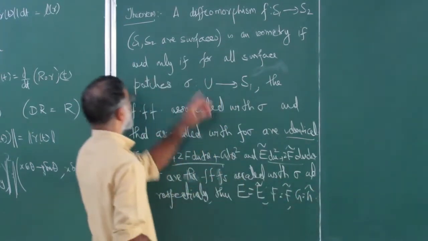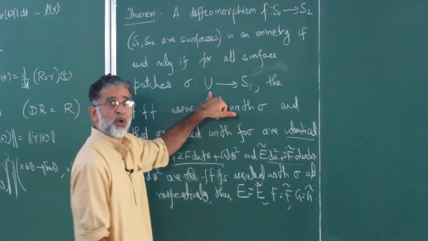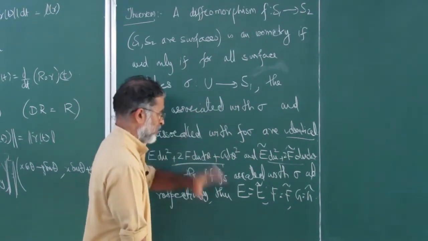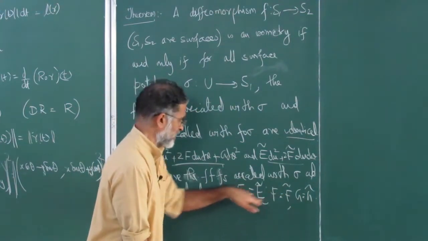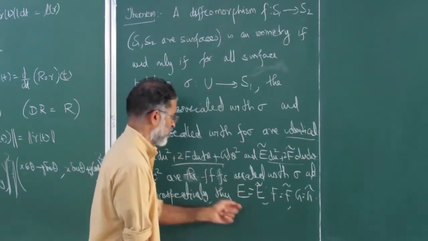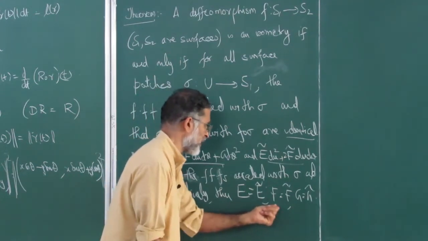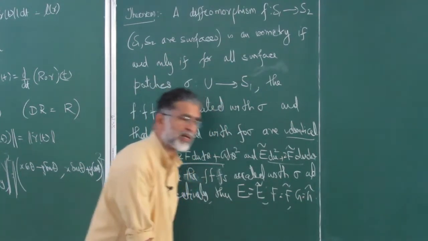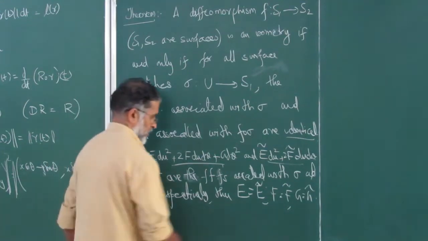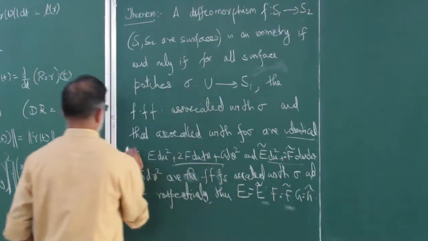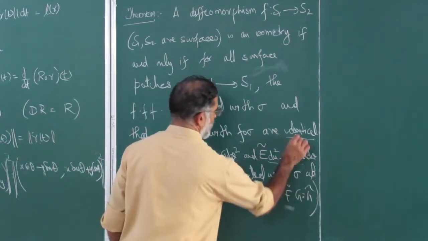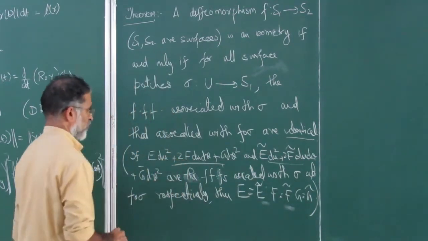These are functions on the domain; all these six are functions on U. So among them, E must be equal to E tilde, F is F tilde, G equal to G tilde. That is what we get. Okay. So this is just an explanation of what I meant by the first fundamental forms being identical.